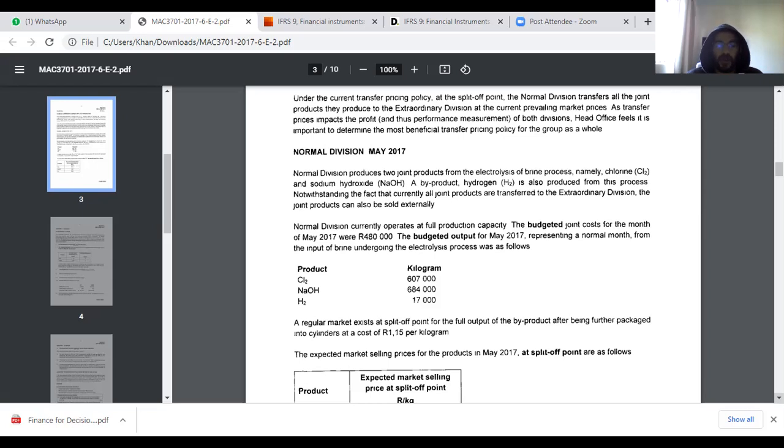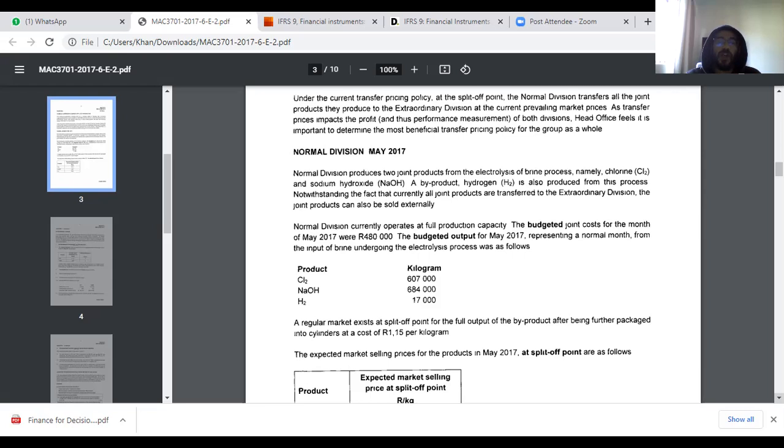The other method we can also use is market value at split-off point. You can use market value at split-off point if you can sell your products at split-off point. Here you can see they're telling you a regular market exists at split-off point. Because a regular market exists, that means you can ordinarily sell your products at split-off point.